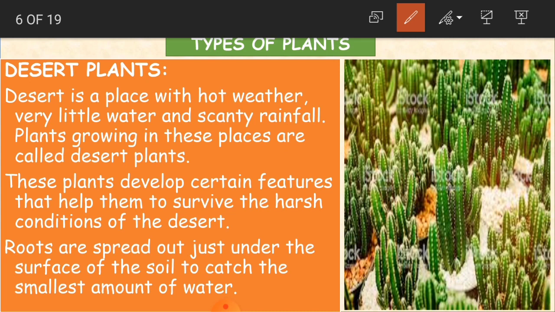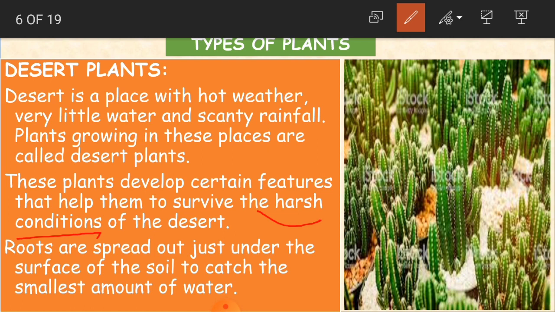These plants develop certain features that help them to survive the harsh conditions of the desert. So harsh conditions means what, children? It is unbearable. We can't bear it. If it is too hot and you don't have water, will it be easy for you to survive, children? No. We cannot tolerate such conditions.